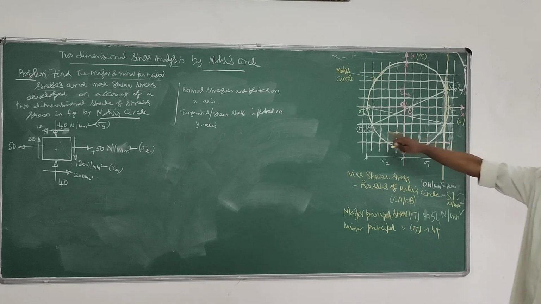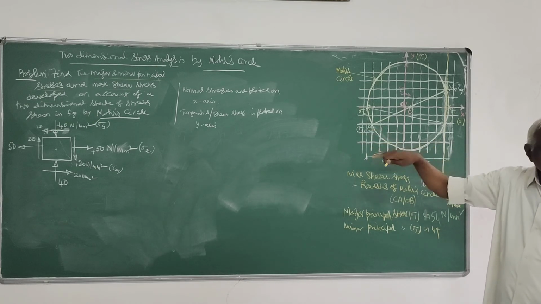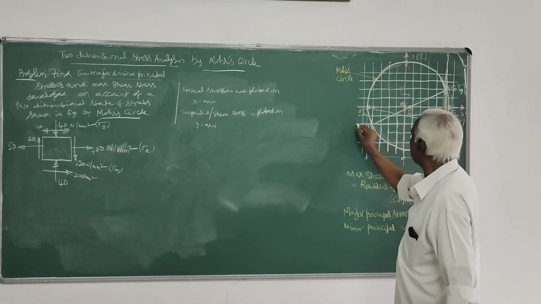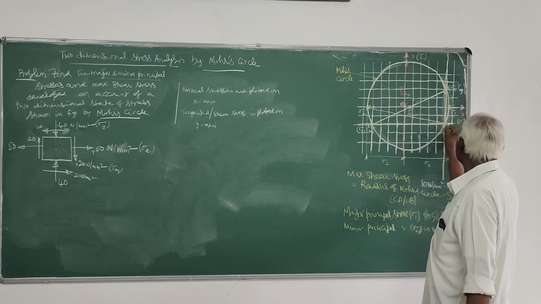Next, you take the other state of stress given, B, which is acting on the horizontal plane. From this point B, you draw a horizontal line.